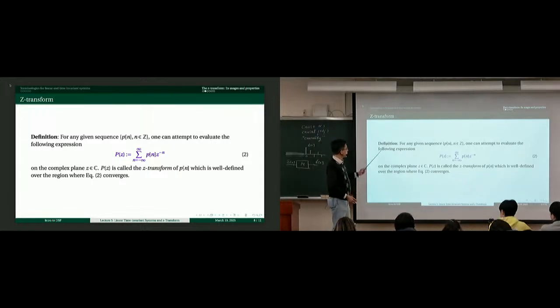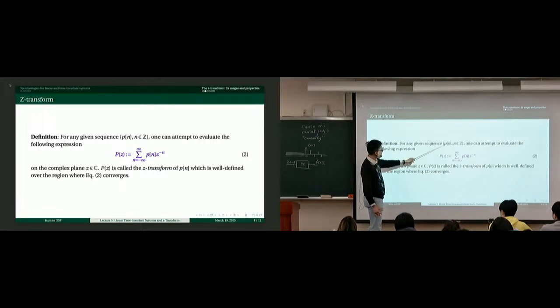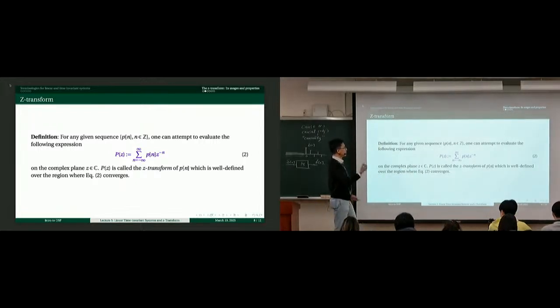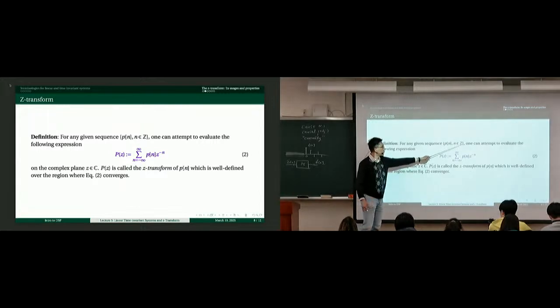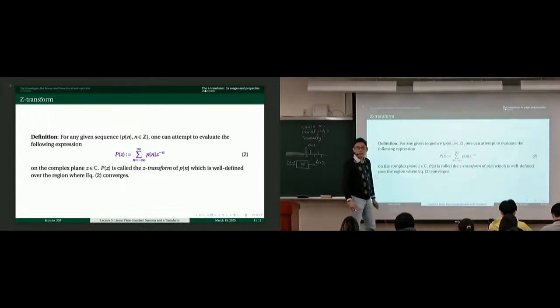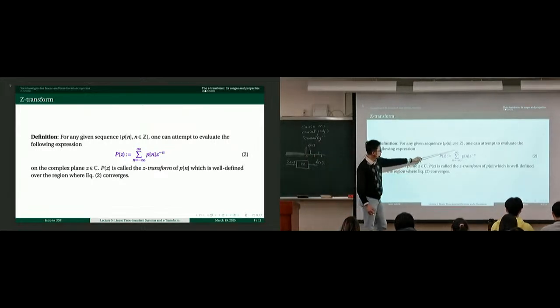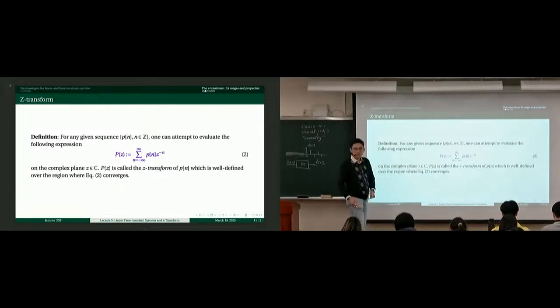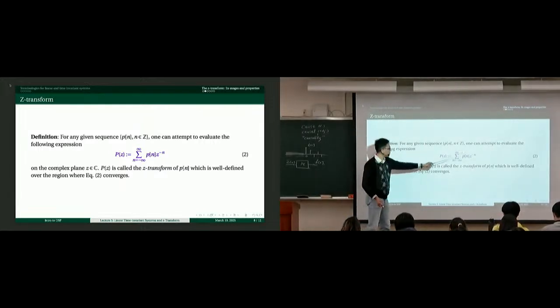So the definition of the transform: for any given sequence in time, n is a time index. For any sequence in time denoted as p of n, n is an integer valued index. So we can attempt to evaluate this expression. We have a summation right here, p goes here, z goes there.